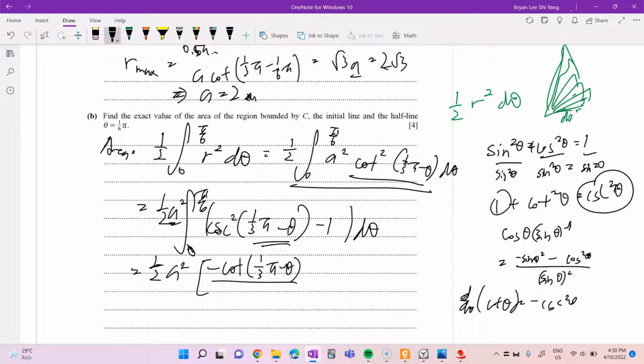The derivative of this whole thing is -1. When you integrate this, we'll have minus theta, with upper limit pi/6 and lower limit 0.